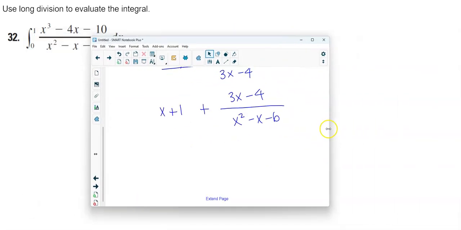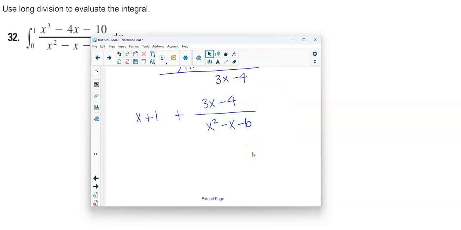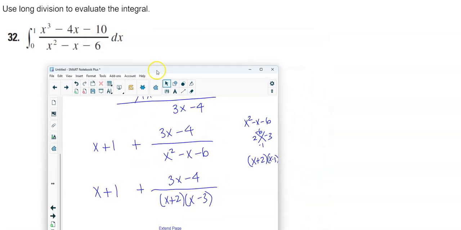What two numbers multiply to get negative 6 and add to get negative 1? Well, that's 2 and negative 3, so this factors to be x plus 2 times x minus 3. So therefore, this becomes x plus 1 plus 3x minus 4 over x plus 2 times x minus 3. So that's what we're going to write up here.